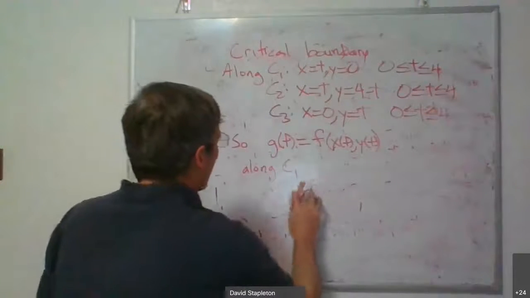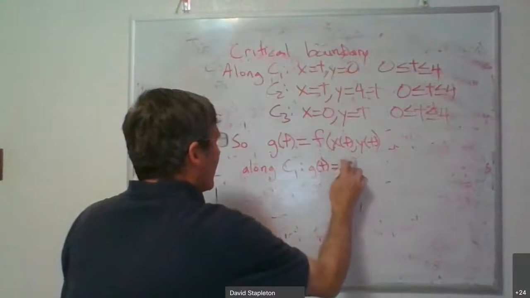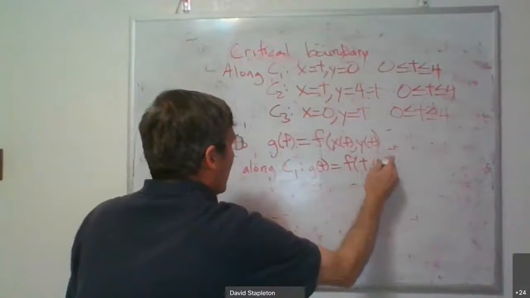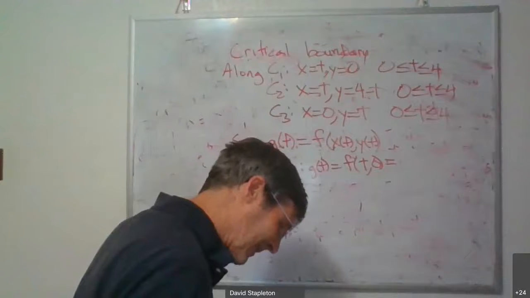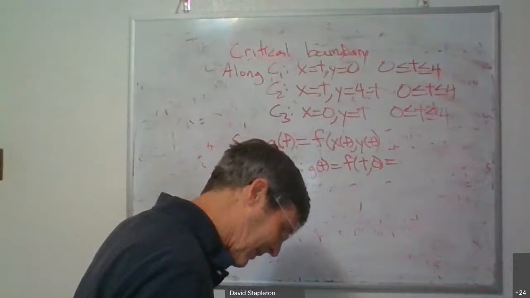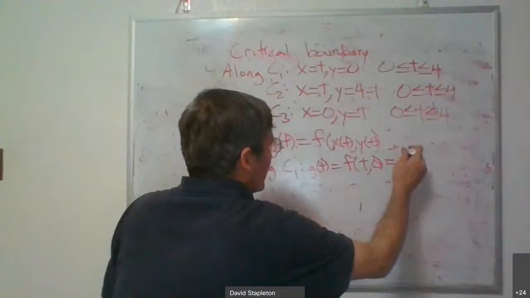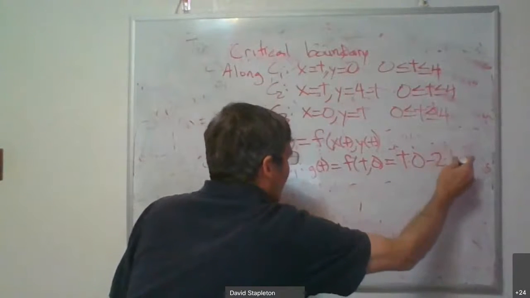So along C1, if you like, g of t equals f of t, 0. But f, I already forgot. x squared minus xy, wasn't it? xy minus 2x. Yeah. xy minus 2x. So it's t times 0 minus 2 times t.